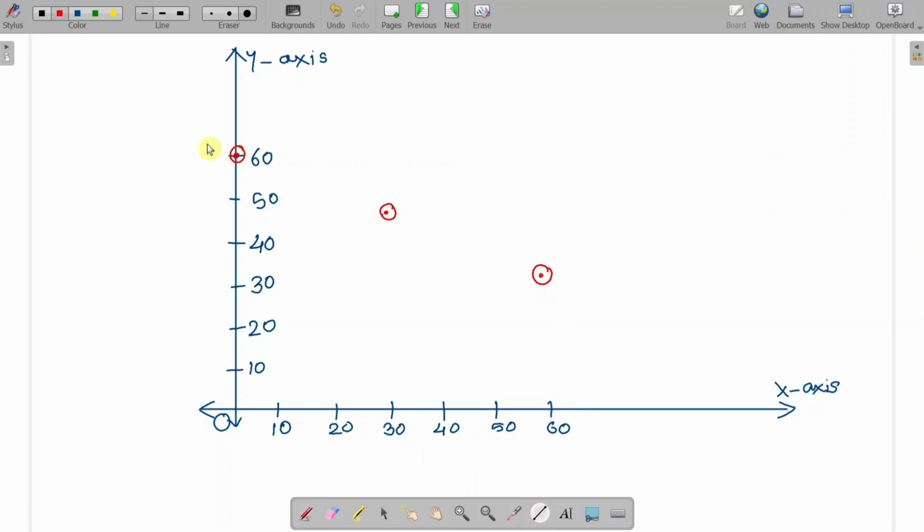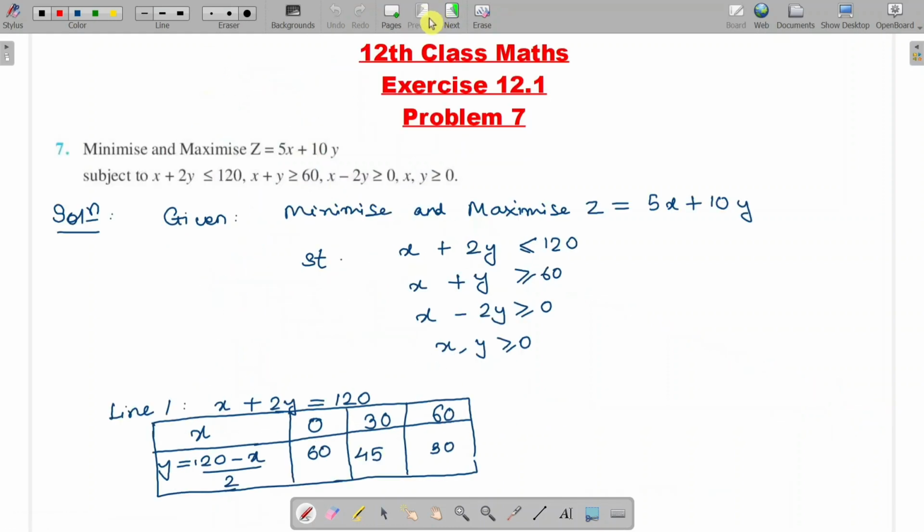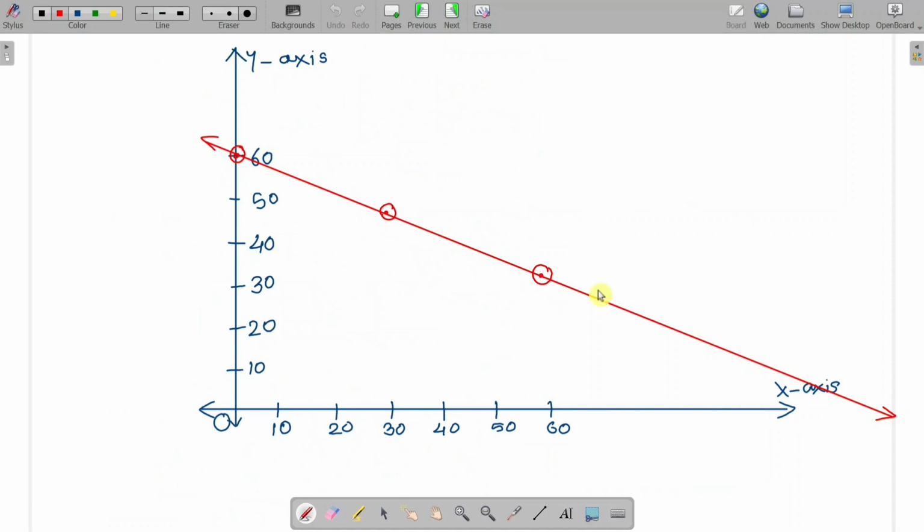So these 3 points you have to join like this. Okay, so let us name this line: x plus 2y equal to 120.